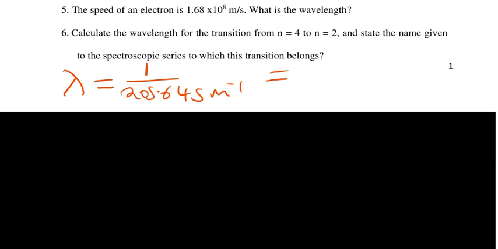So the answer I'm getting is 0.004862738, and that is in meters. If you want, you can take it to nanometers by multiplying by 10 to the power 9, which becomes a value that's too big.